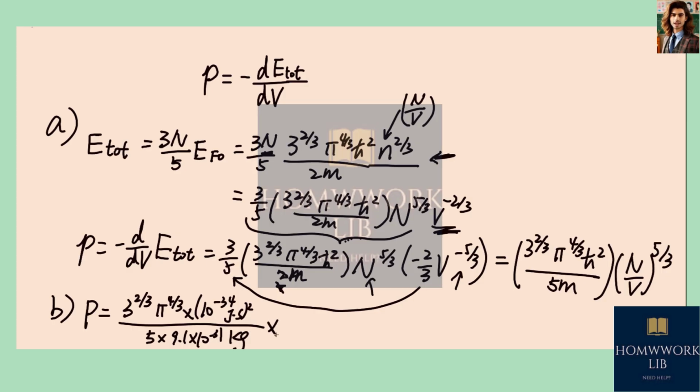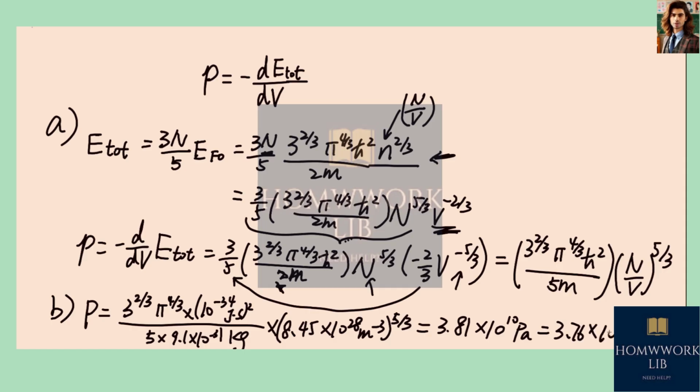The number density is directly given to us: small n is 8.45 times 10 to the 28 per meter cubed, to the power 5 over 3. This gives us a pressure of 3.81 times 10 to the 10 Pascal. If you want to express it in terms of atmospheric pressure, this is 3.76 times 10 to the 5th atmospheres.